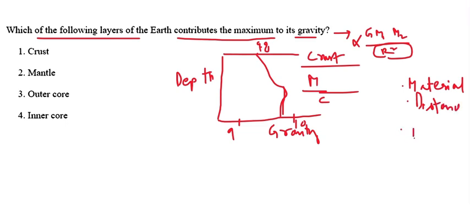Apart from these, pressure and temperature, if we want to consider those things, you can add them. Otherwise, no need to add this. These two things are the main factors. And remember the core-mantle boundary. After that, it will decrease.